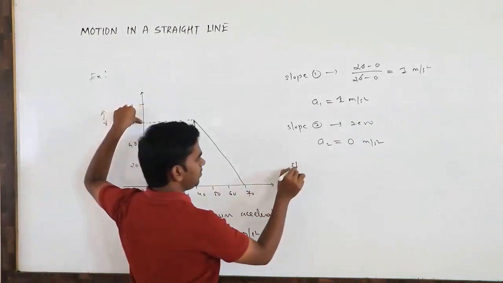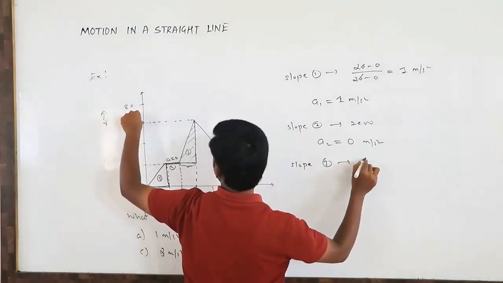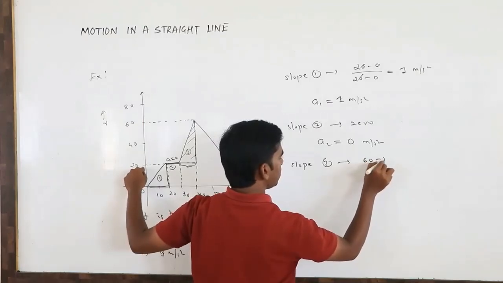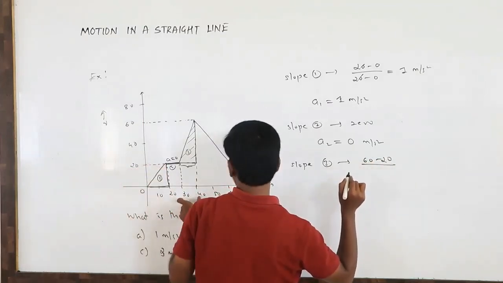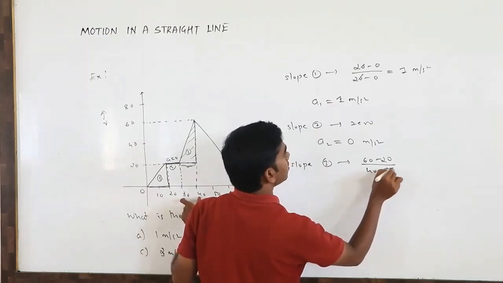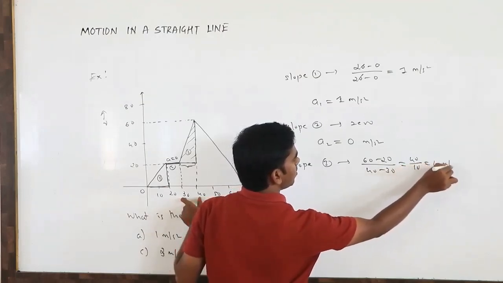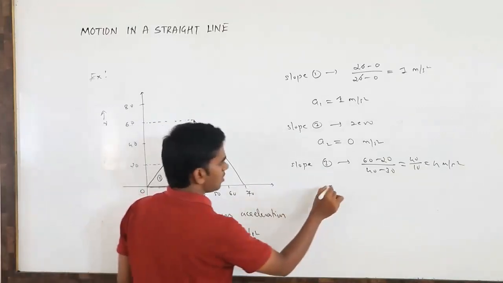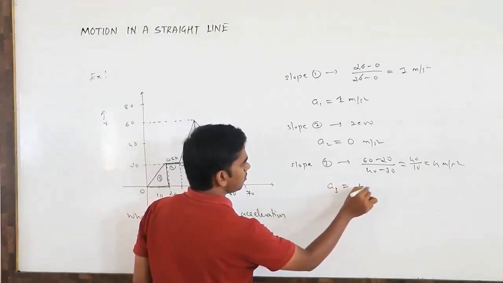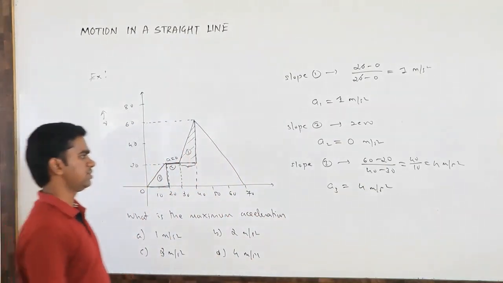So slope 3 is 60 minus 20 divided by 40 minus 30. So what you will get? You will get it as say 40 by 10. That is 4 meter per second square. Okay. So your A3 is what? A3 is 4 meter per second square. Okay. That is what acceleration.